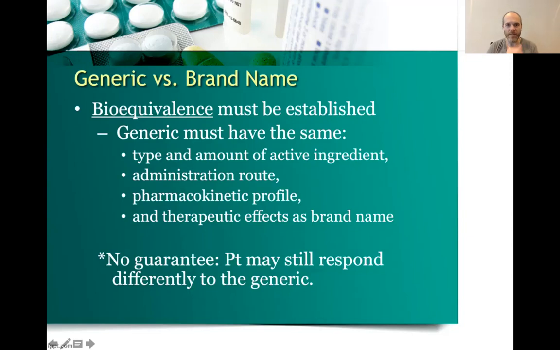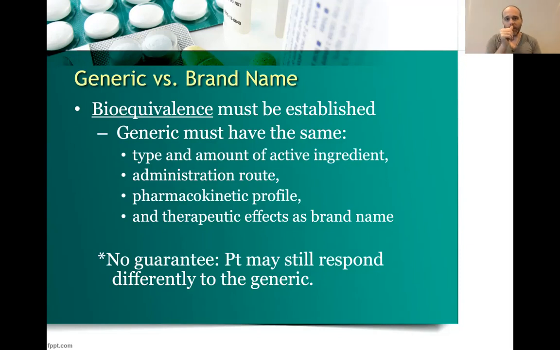So bioequivalence. They have to prove that the generic drug is exactly the same, does the exact same things, and is expelled the same way from the body as the brand name drug. And it has to have the exact same effects on the body as the brand name drug.